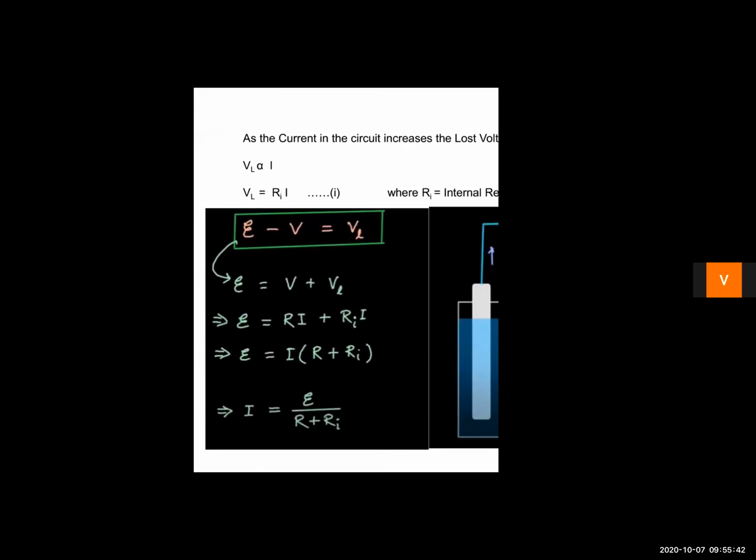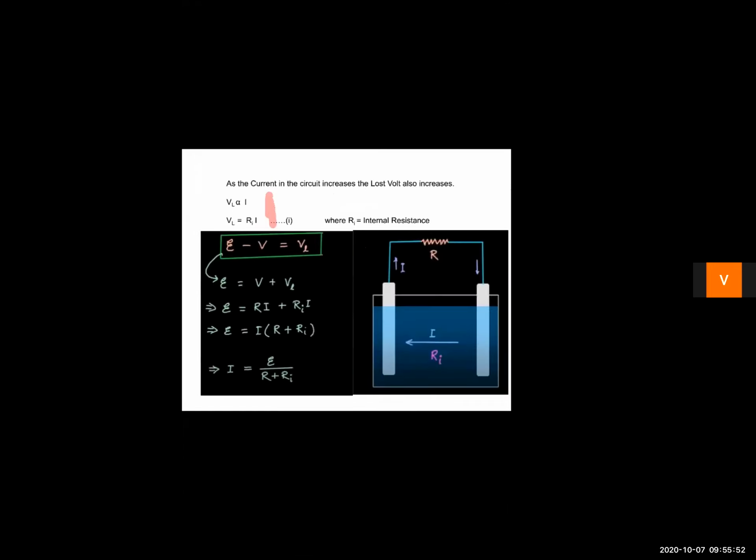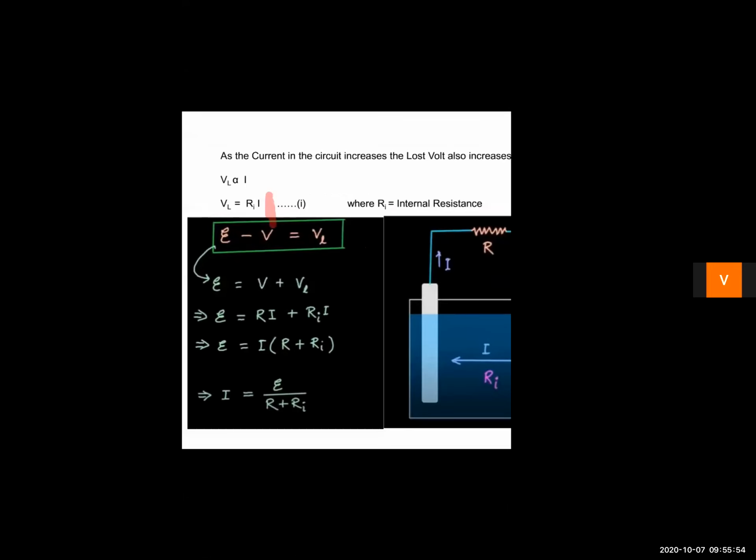And that constant is Ri. So Ri is known as the internal resistance of the cell. Cell के अंदर का जो resistance होता है, that is Ri. Right children?